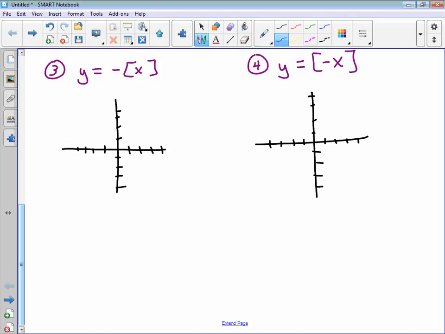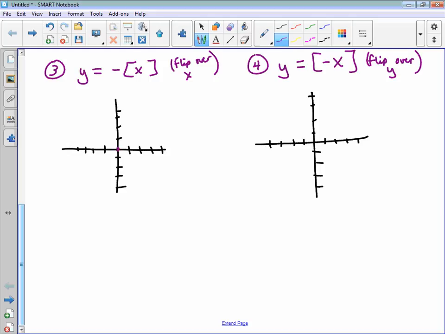You can always go back to your parabolas too. If you had a negative inside the parentheses squared, it's flipping over the y-axis, it's not going to look any different. If you had a negative outside, didn't that make it an upside down parabola? Flipped over the x-axis. So this one's flipped over x. This one is flipped over y.